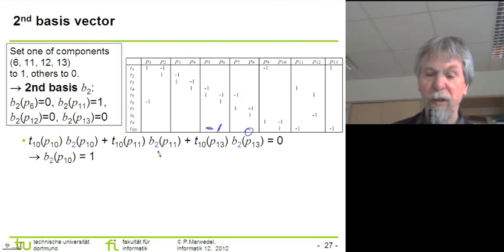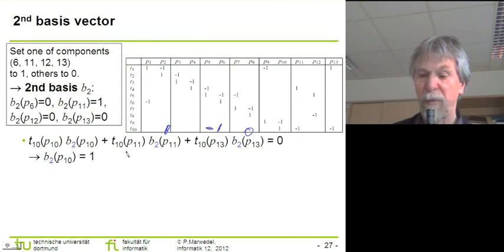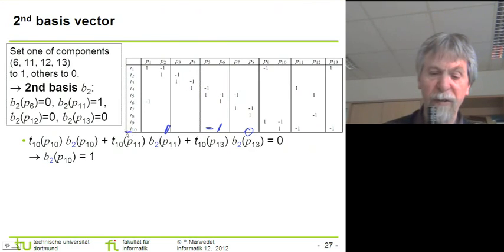Then we have a B2 of P11. That's the component that we're setting to 1, so we have a 1 there. And then we have a T10 of P11. That is the entry that we have over here. That is a -1. And we have B2 of P10.